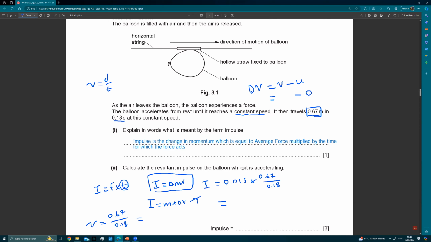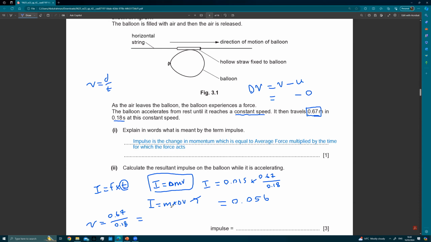This gave me 0.056, if I round to two decimal places or two significant figures.